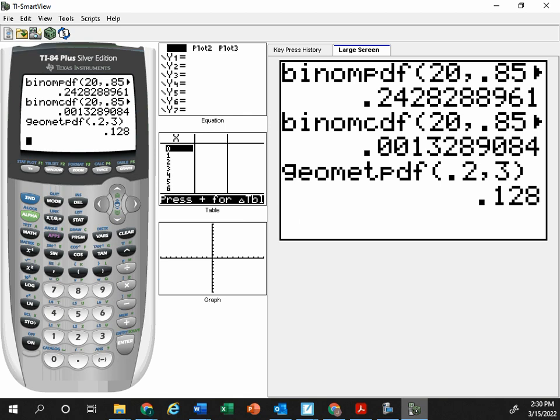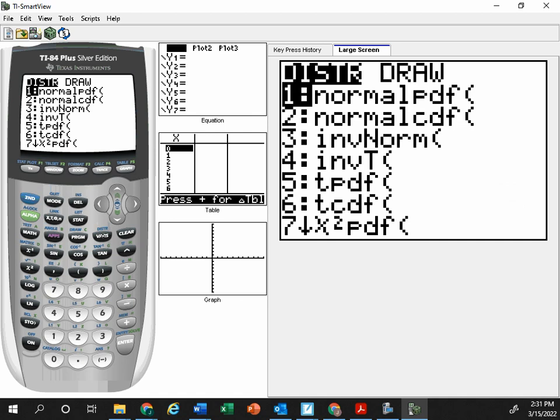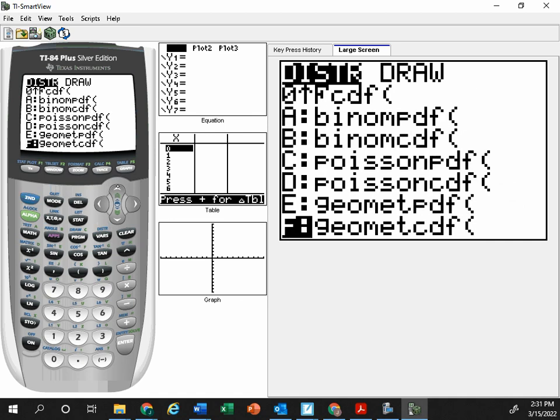You should be able to just do 1 minus and then go into your VARS menu or your distribution menu. You can get to the geometric CDF by just scrolling up too. That's quicker than scrolling down all the way to the bottom.